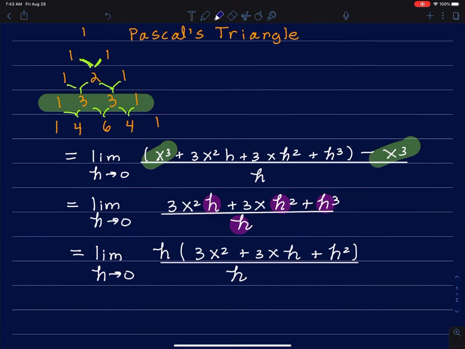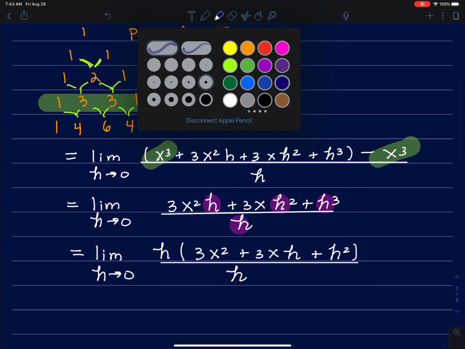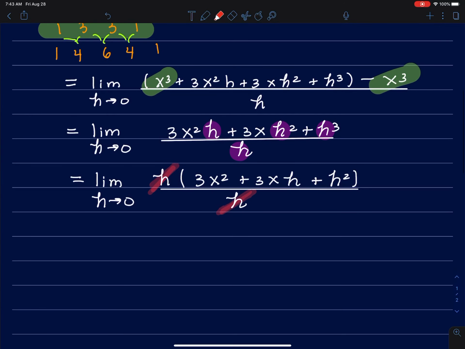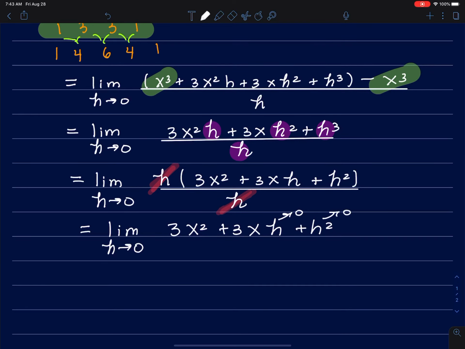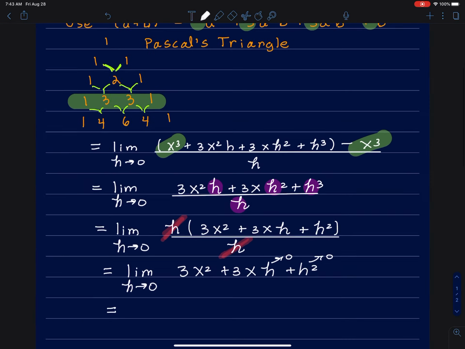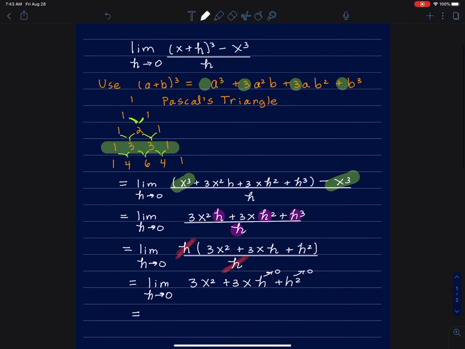That's going to give limit as h approaches 0 of 3x squared plus 3xh plus h squared. I'll put an arrow to show approach. I've been writing limits the whole time, every time I copy down the expression.